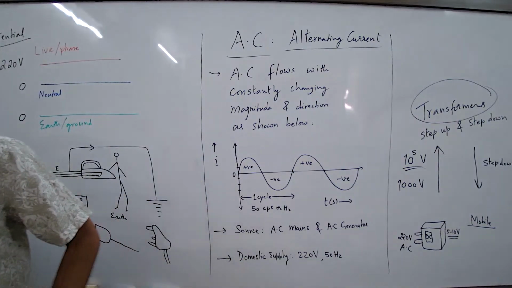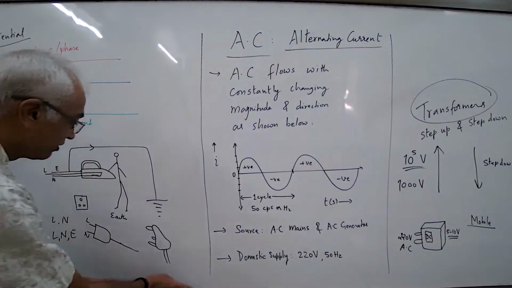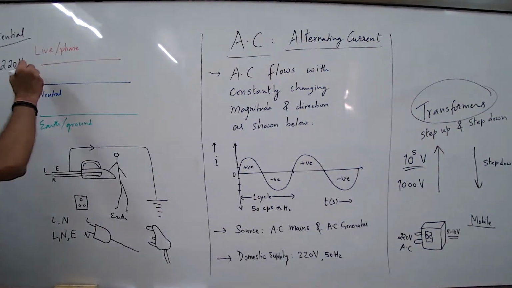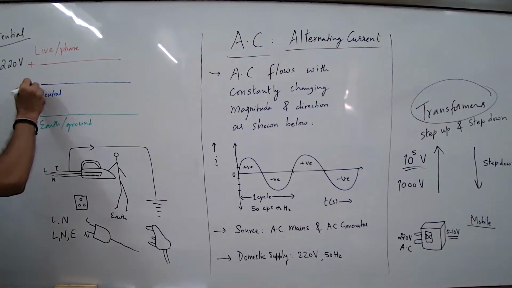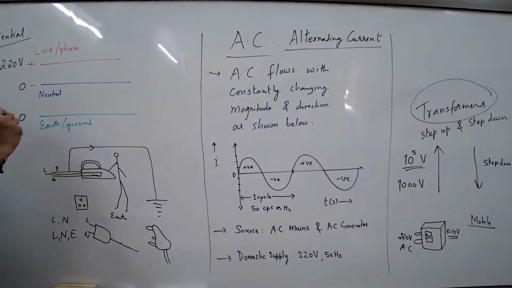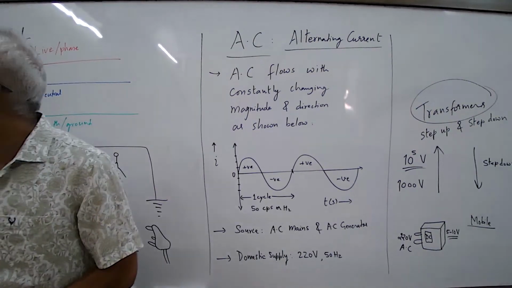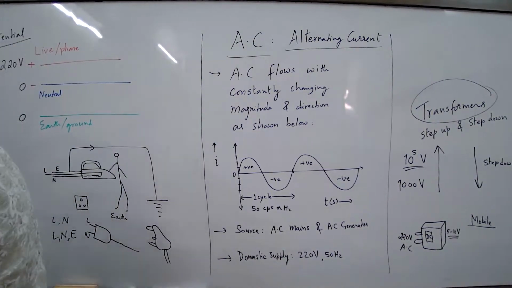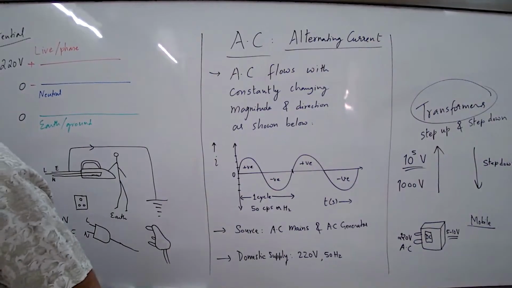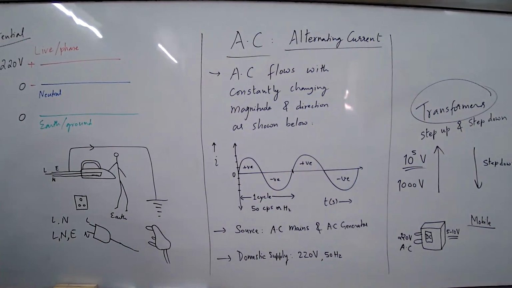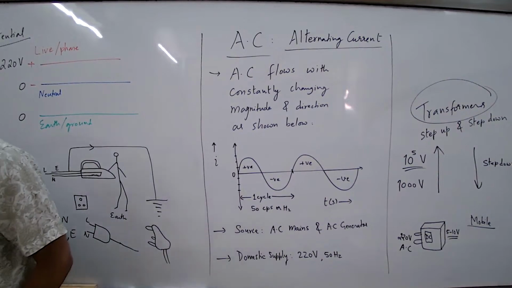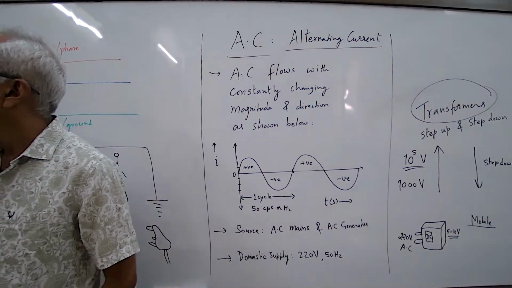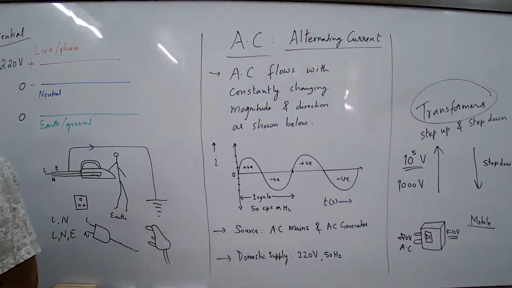So what's the polarity of the live wire? Positive. This is negative, and this has no polarity; it is neutral, it is normal. The first fuse that you saw was the main fuse.